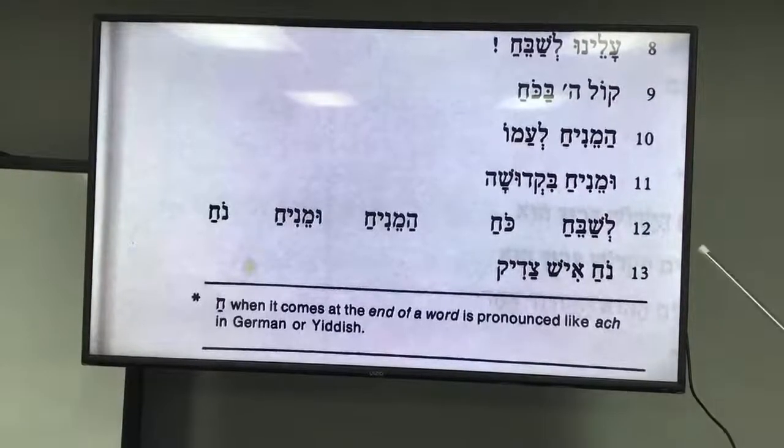Line 12, Leshabeach Koach. Hamaniach Umeniach Noach. Line 13, Noach Ish Zadik.